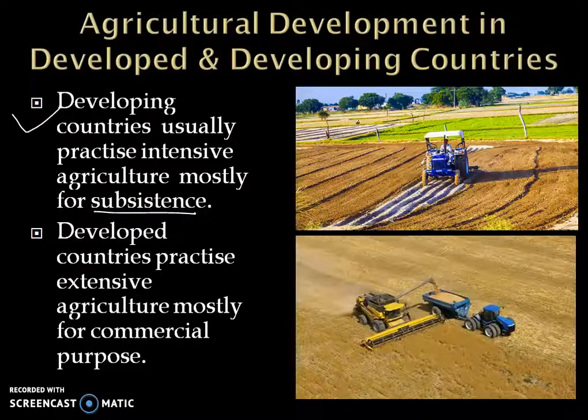Subsistence means for self-consumption, not for sale. India is one such example. In developed countries like the USA, where large land holdings are available, extensive agriculture is practiced for commercial purposes.